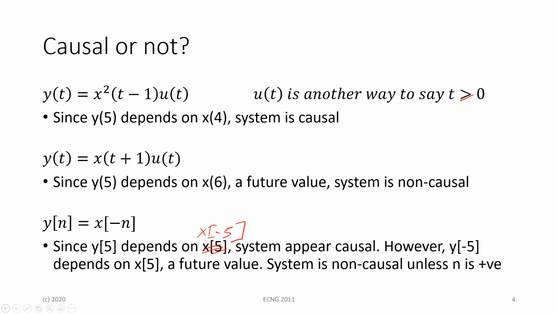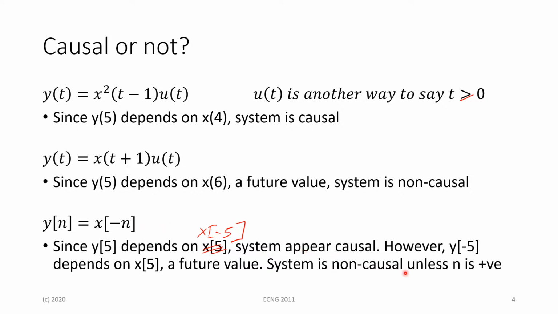Because we're dependent here on a previous value of our input to get our current value of our output, because on the right hand side here it's going to be minus 5. This system actually appears to be causal, and this will hold true for n more than or equal to 0.